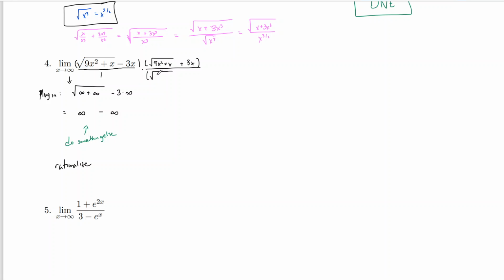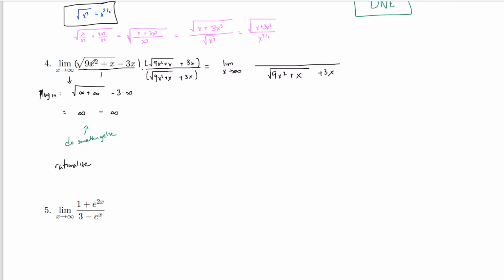So I'm going to multiply the bottom by this as well. And the denominator, since it was originally 1, it's just this new thing that we're rationalizing, multiplying by. So it's the square root of 9x squared plus x, and then minus 3 plus 3x outside.